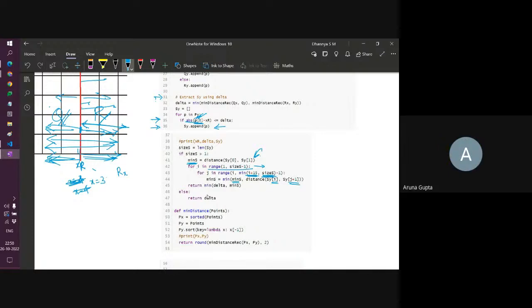And these 15 points are not within a distance of delta by 2. That is our idea, right? It means the points are not coming within this delta by 2, so these belong to different blocks here, right? Sorry, I did not understand.